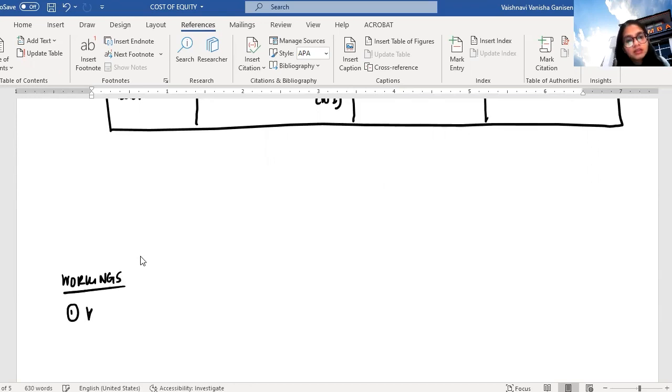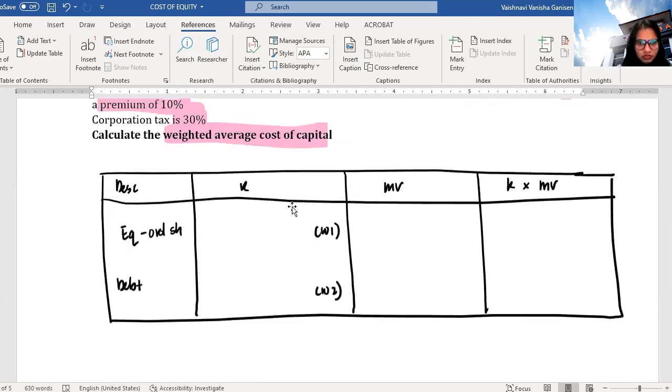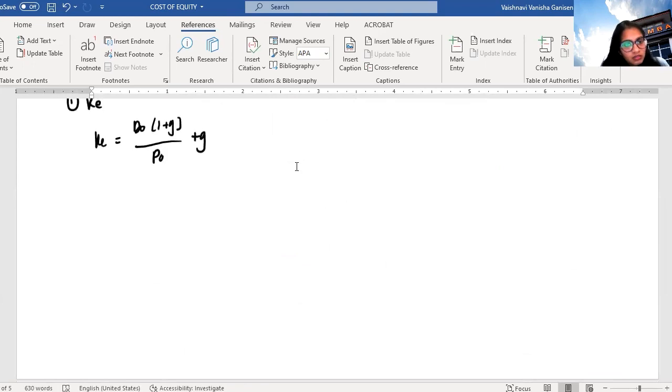Number 1, calculate your KE using the dividend growth model or the dividend valuation model. So KE equals D0(1 plus G) over P0 plus G. So what is the information? 0.2, 3.2, and 8%.